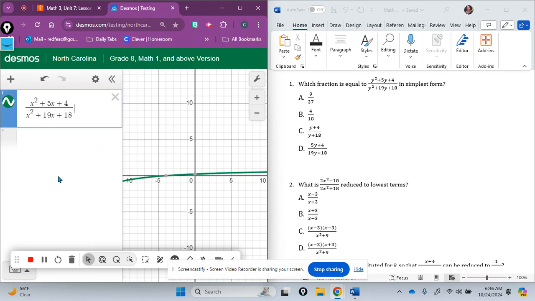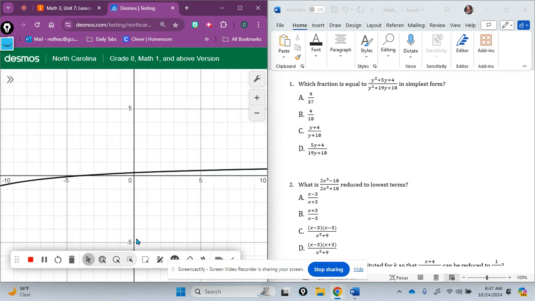So I wouldn't use that one. Okay. So then I'm going to go down to the ones that have the variables in it that my graph has, just to see if one of those will be my answer. So let's look at C. I'm going to type in, again, we're not using Y, we're going to type in X plus 4 over X plus 18. And the answer is C, because it completely overlaps my graph.